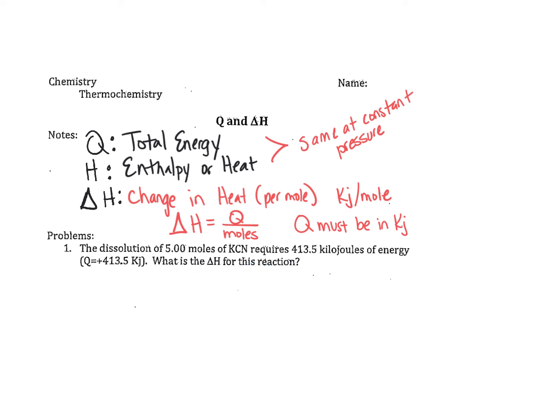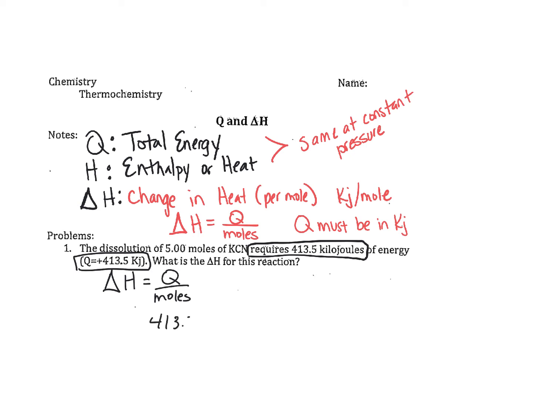And so to find our delta H, we're going to plug this information into this overall equation. Q, which is our energy of our reaction, is requiring 413.5 kilojoules of energy.